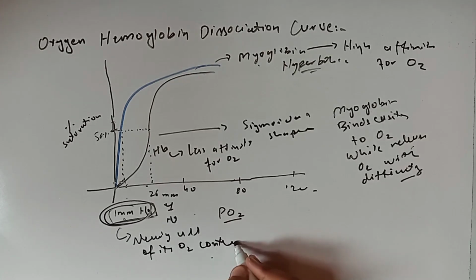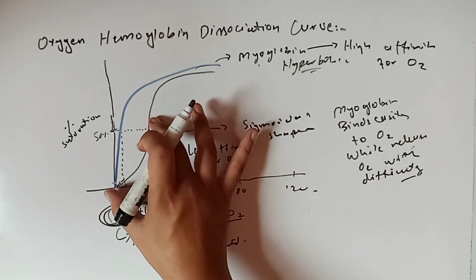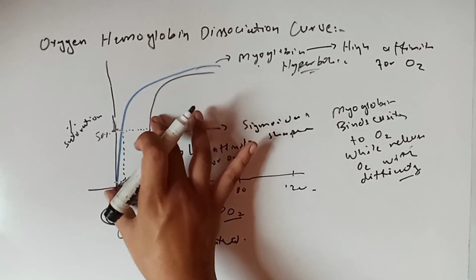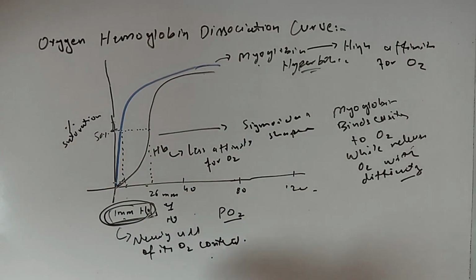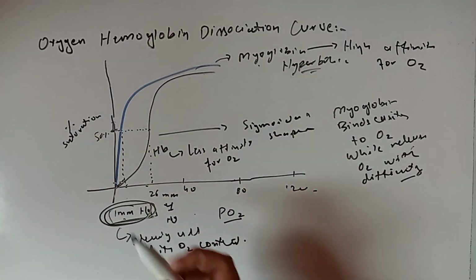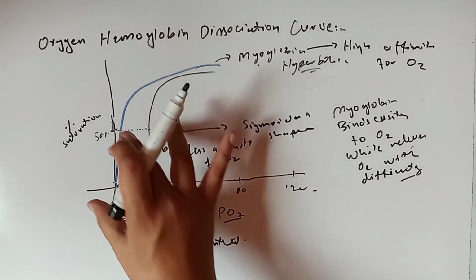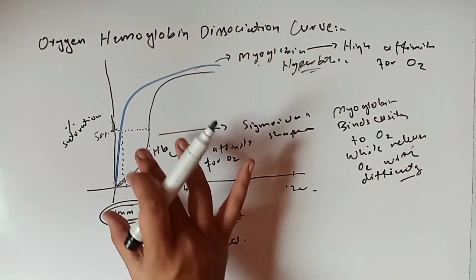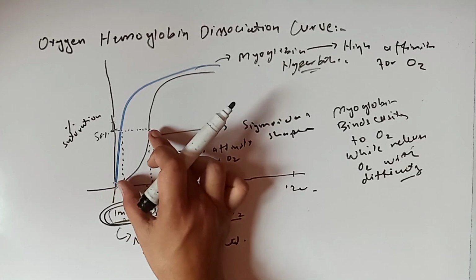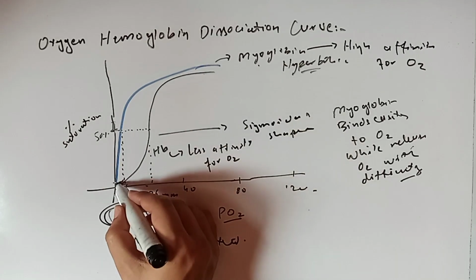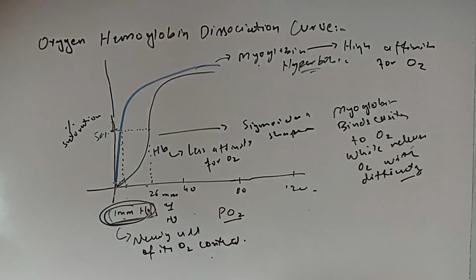So at this partial pressure range, hemoglobin has a tendency to lose oxygen. However, myoglobin does not have a tendency to lose oxygen at this partial pressure. Instead, myoglobin is saturated. So myoglobin releases oxygen only at very low partial pressure of oxygen.